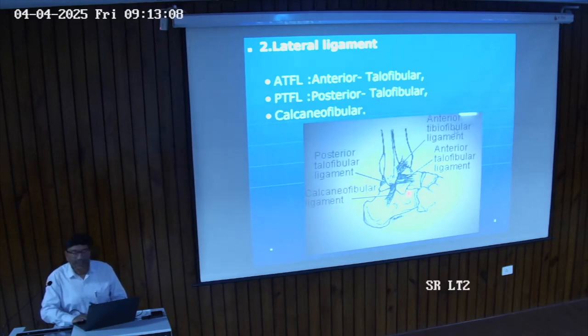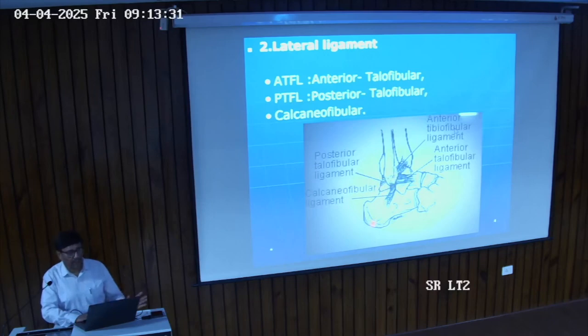Actually, it should be anterior talofibular ligament, which is this. So we are talking of the lateral ligament. First component is the anterior talofibular ligament, which joins the lateral malleolus anteriorly to the talar bone. The second component is the calcaneofibular ligament, and posteriorly is the posterior talofibular ligament.